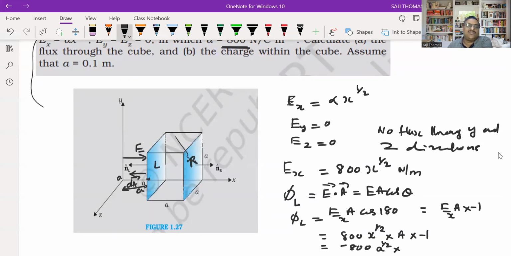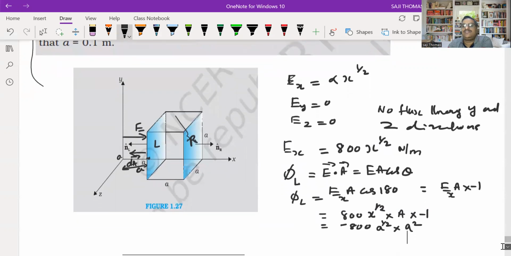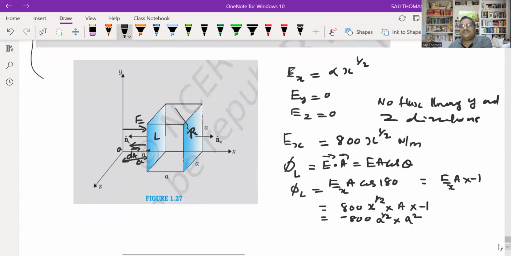Area means the area of the face. The side of the cube is A, so the area of one face is A square. This is the flux through the left face, in Newton meter square per coulomb.